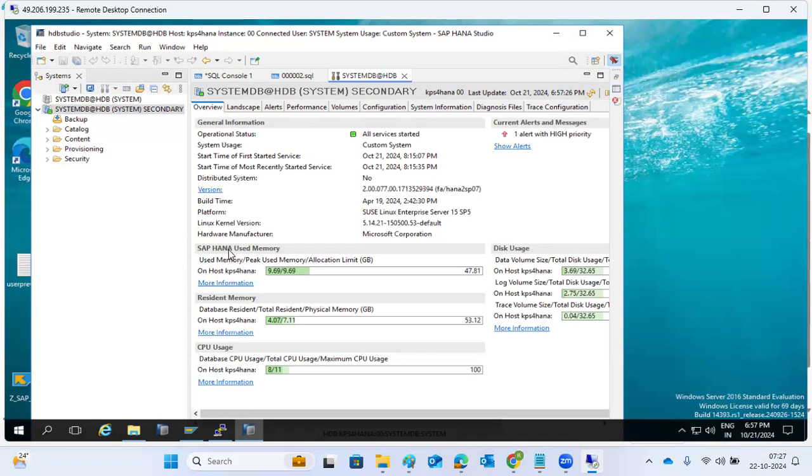So your RAM is 53 GB. Suppose, for example, you allocated 47 GB for HANA. In that, HANA used memory is there plus HANA free memory also. This white space is all free memory.